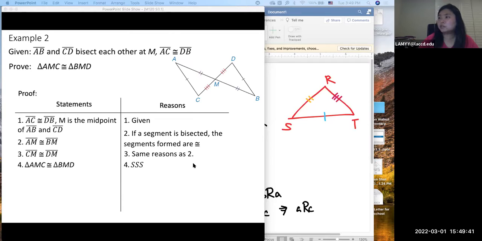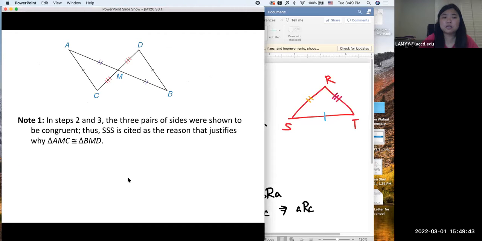Okay, now I'm going to talk more about it. For this picture, in steps 2 and 3, the 3 pairs of sides were chosen to be congruent. SSS is the reason that justifies triangle AMC congruent to triangle BMD.